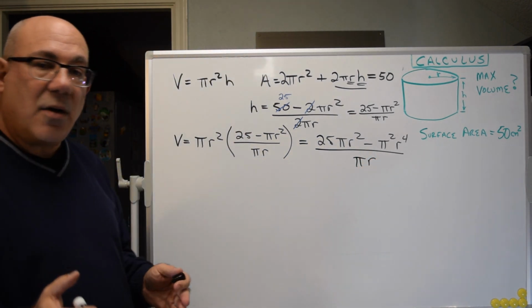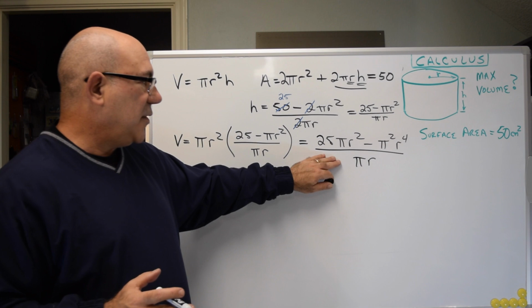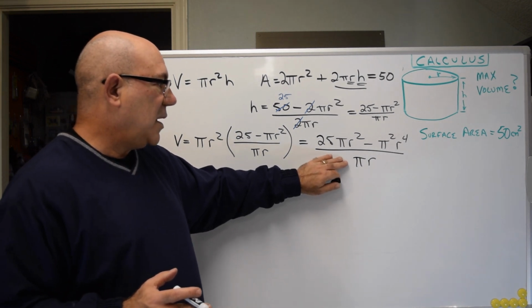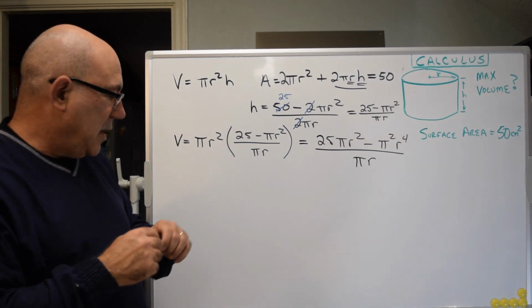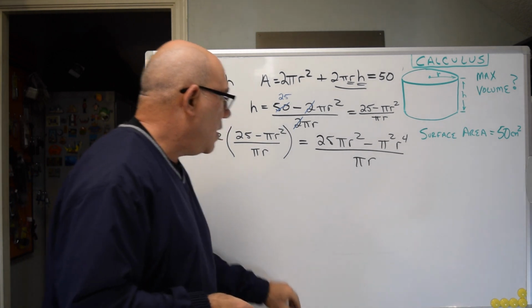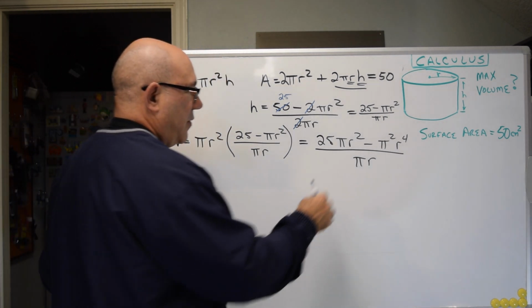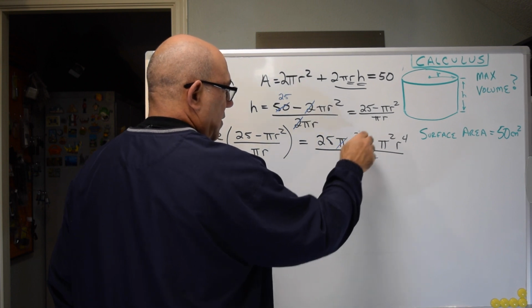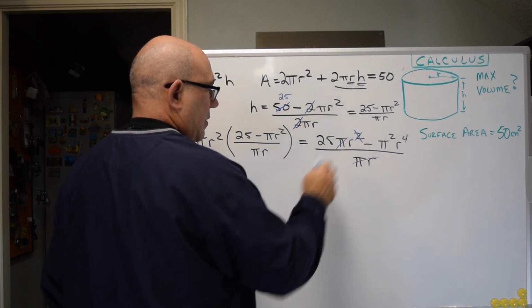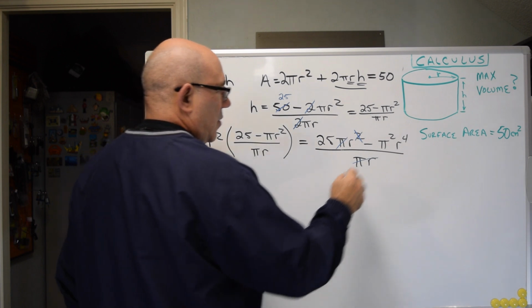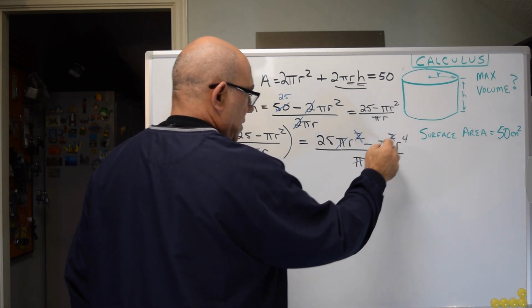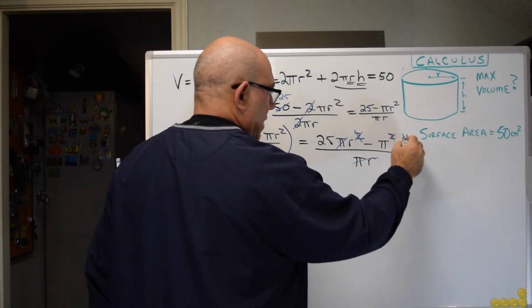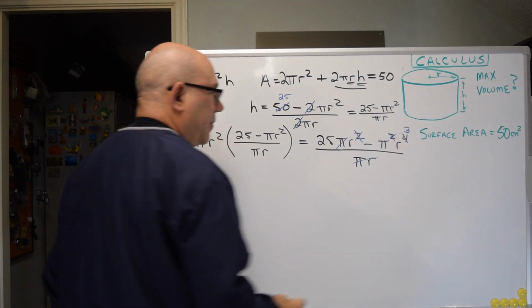Now we need to simplify this. We can see immediately that the pi r can divide into both of these. We can get rid of this, we can get rid of this, and that brings the second power down to a first. You can get rid of one of the pi's, and we can make this a cubic.